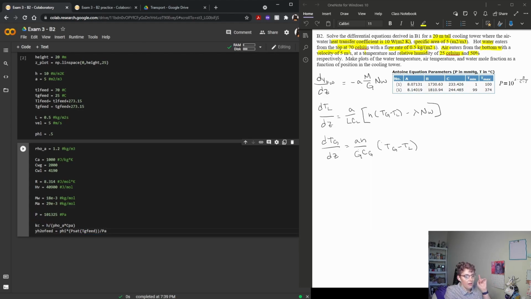Next, we want to calculate the actual flow rate of the air going in, since we only have the velocity currently.